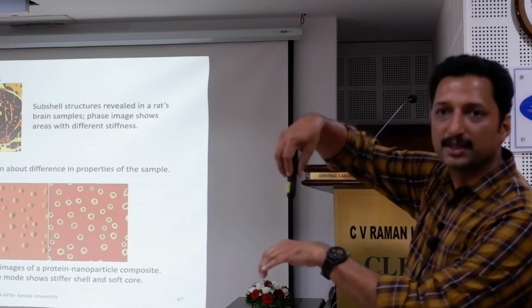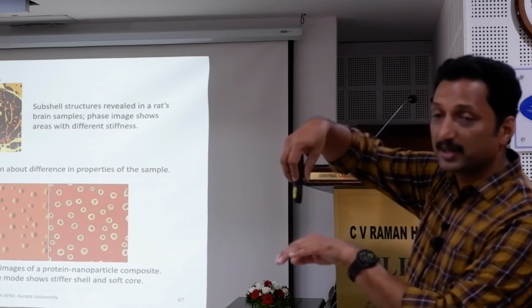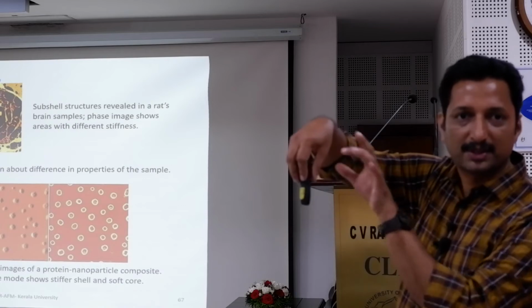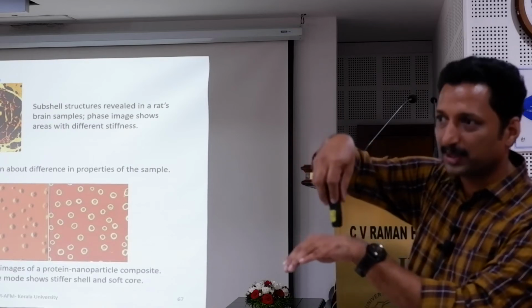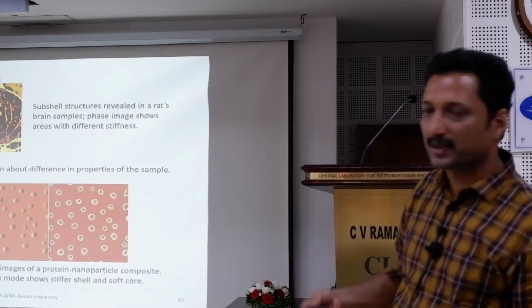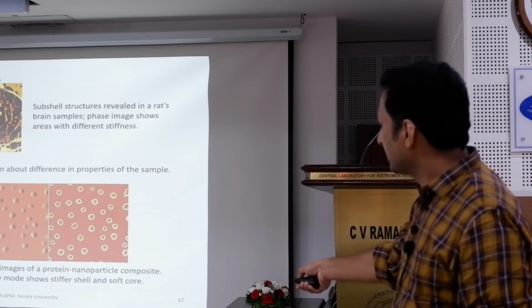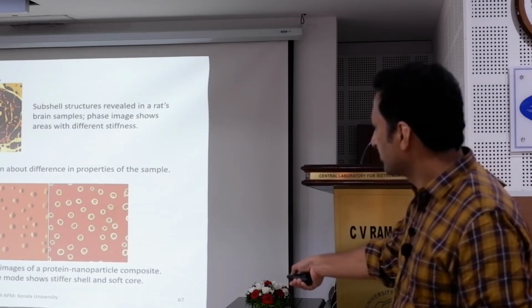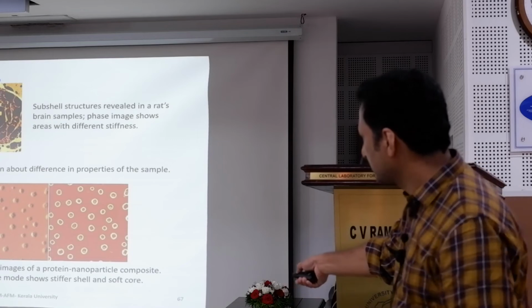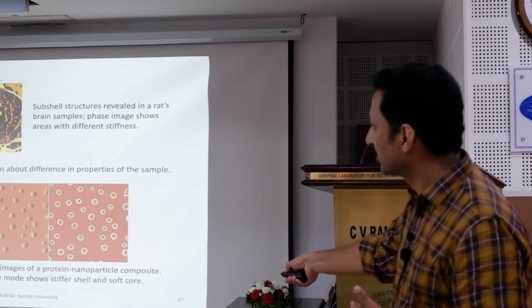It goes up. Okay, and then what happens? If we are scanning too fast, before the feedback tells that you have to come down, we are already going far away. Okay, so it either in this way or in this way, it gives an assumption that there is a particle all the way.